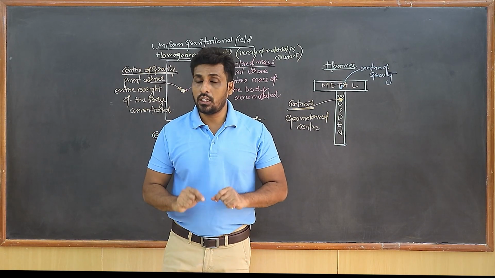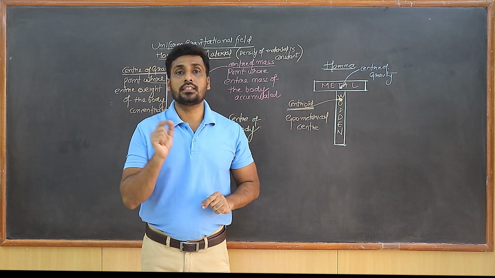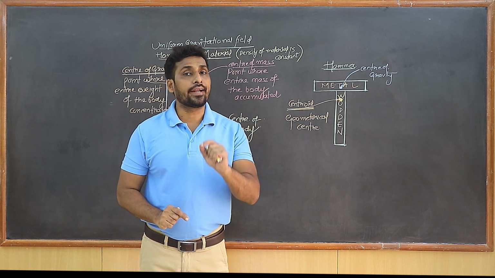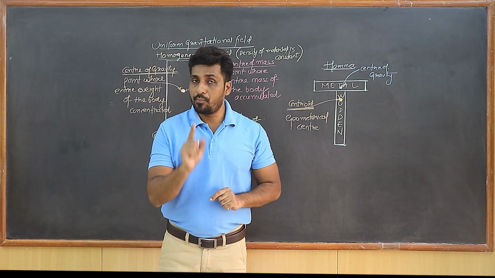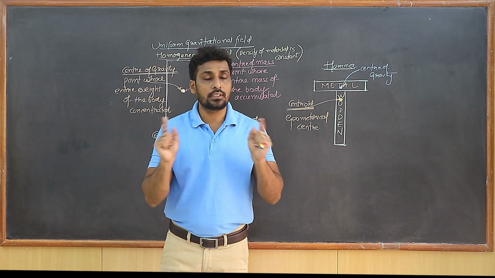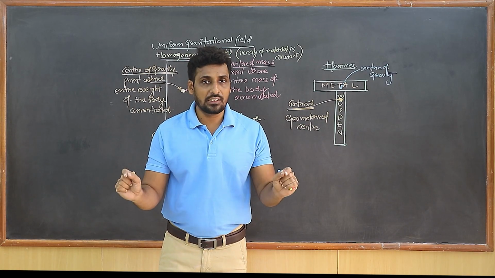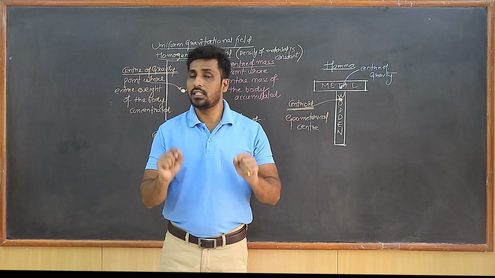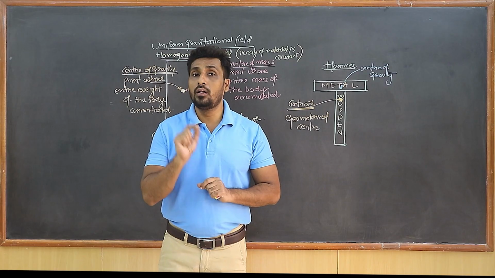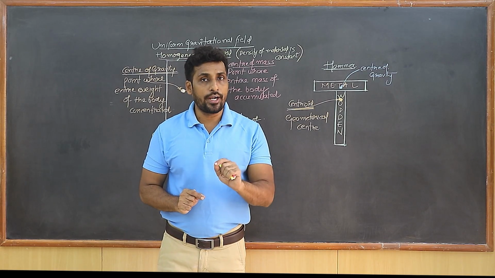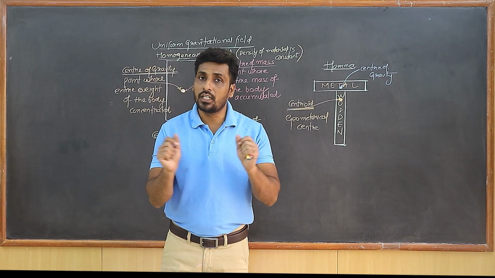So in the question, whether it is asked to find the centroid or it is asked to find the center of gravity, it actually means the same thing. But remember, they are both different concepts if the gravitational field is different or the density of the material is different. So students, now let's proceed ahead where we will be learning the centroid or the center of gravity of standard shapes.